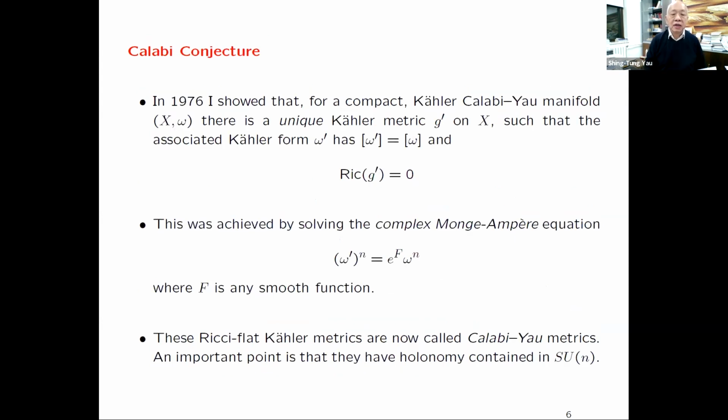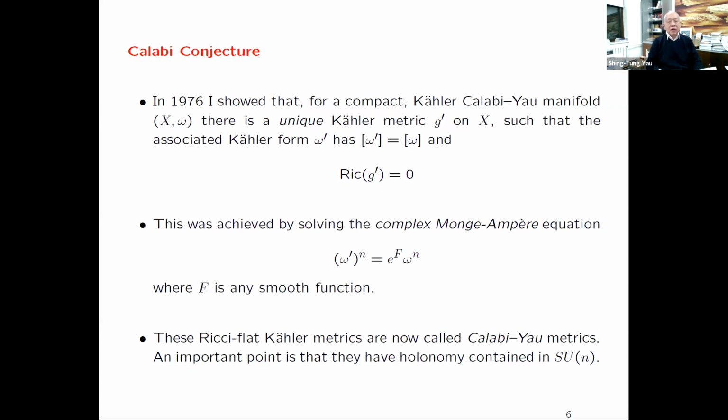As you may know, in 1976, I showed that there exists a unique Kähler metric in each Kähler class, so that the Kähler class of g-tilde is the same as a given one, and so that the Ricci curvature is equal to 0. This was obtained by solving the complex Monge-Ampère equation: omega-tilde to the power n equals exponential f times omega to the power n. So this is a complex Monge-Ampère equation.